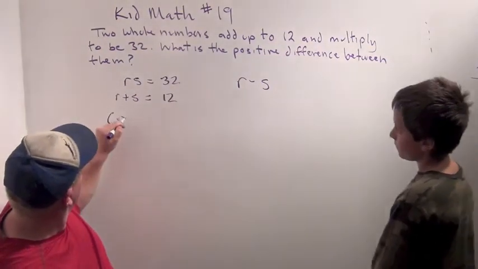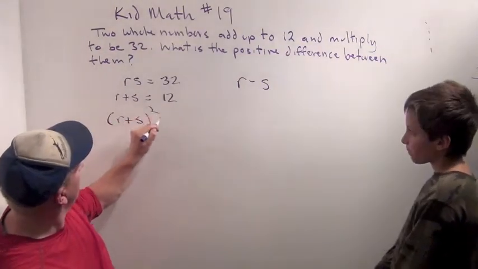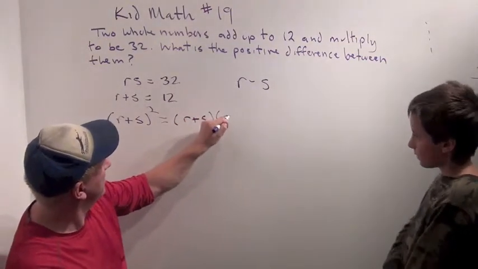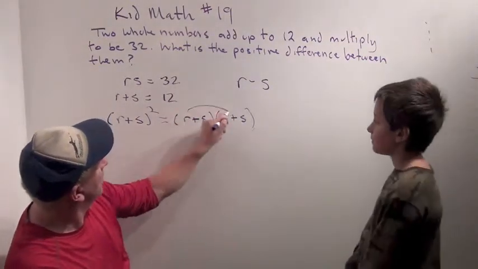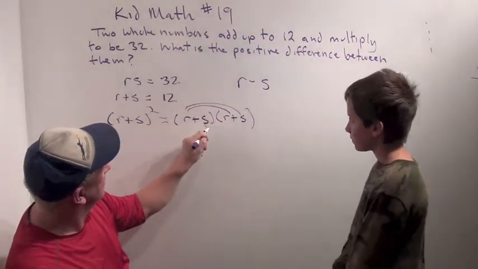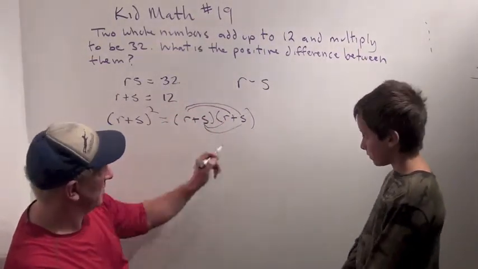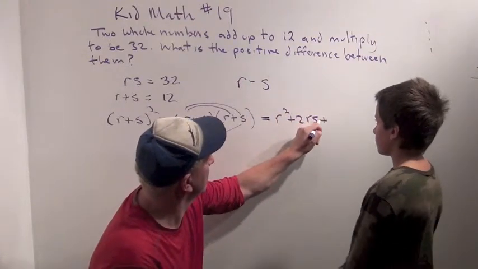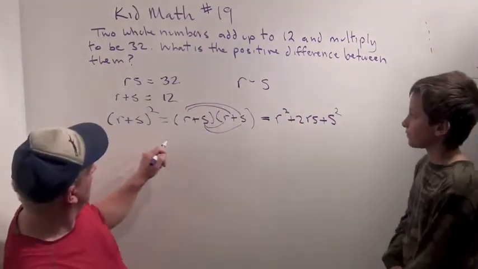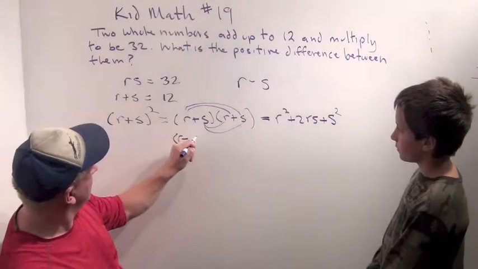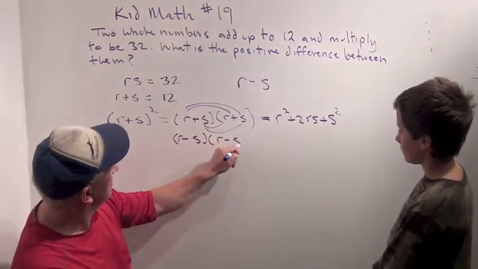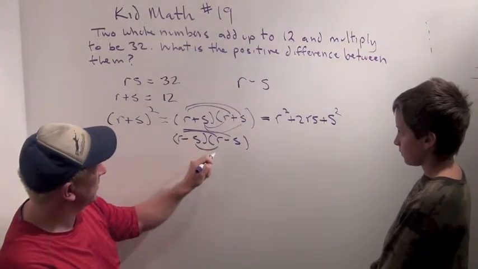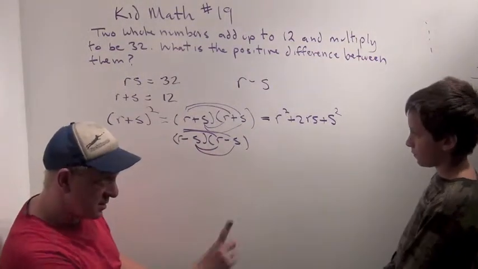R plus s squared, when you multiply it out, r plus s times r plus s, r squared, rs, rs, s squared: r squared plus 2rs plus s squared. R minus s times r minus s, you do the same thing, you get r squared minus 2rs plus s squared.